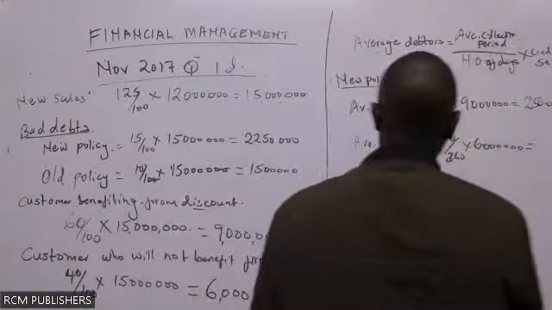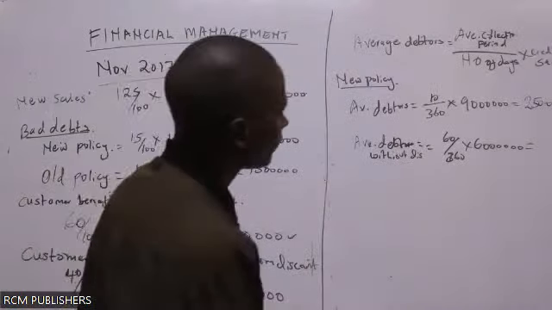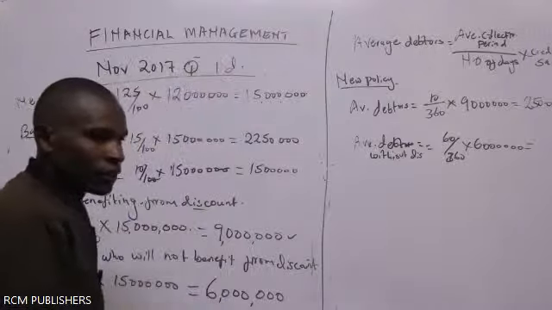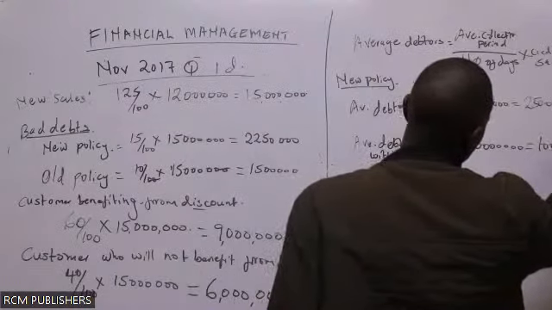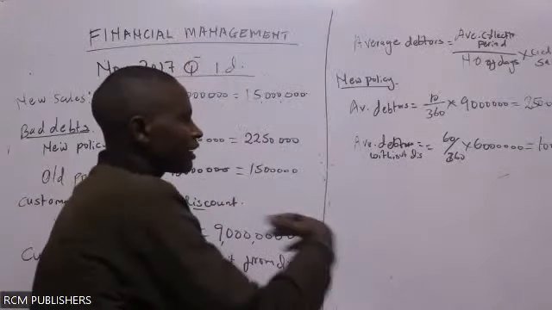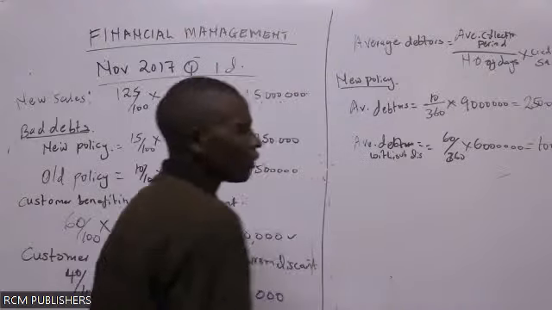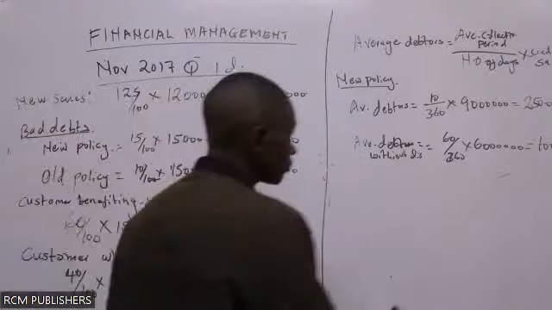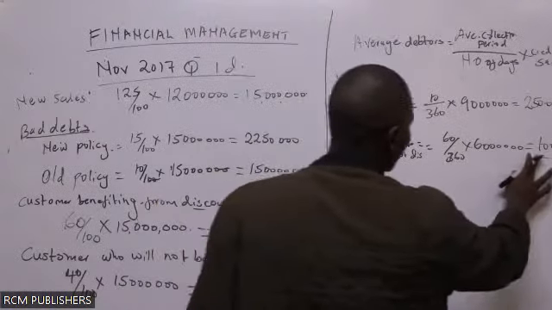Then the other one will be how much? Over 360, 1 million. So what will be the total average debt? Regardless of whether they get the discount or not, what will the total average debt be under the new policy?